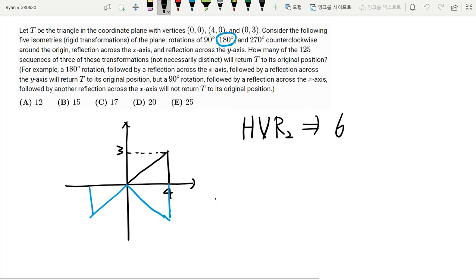So one example is 90 degrees two times and 180 degrees, and they make the sum of the angles 360 degrees. In this case, because two rotations are the same, we need to divide 3 factorial by 2 factorial. So the number of cases is 3.